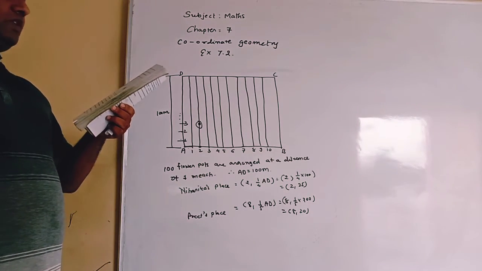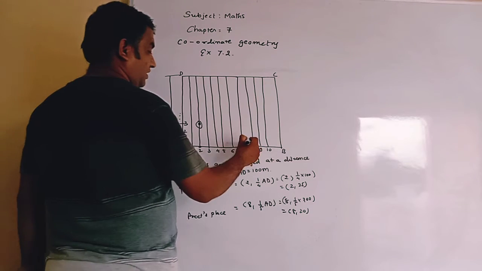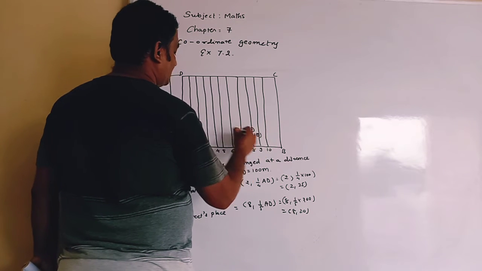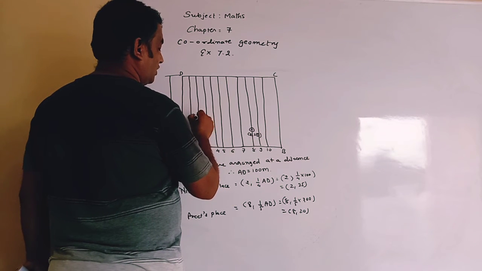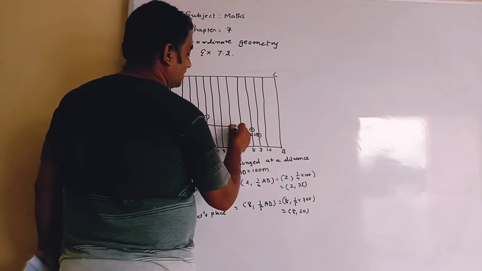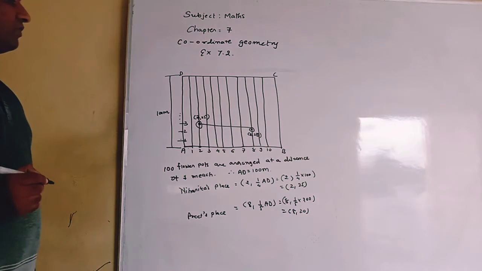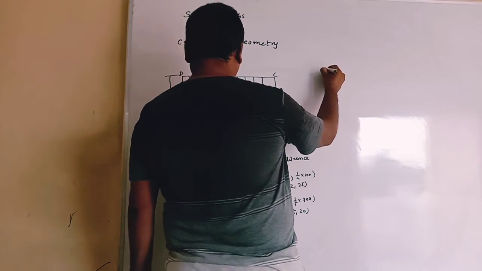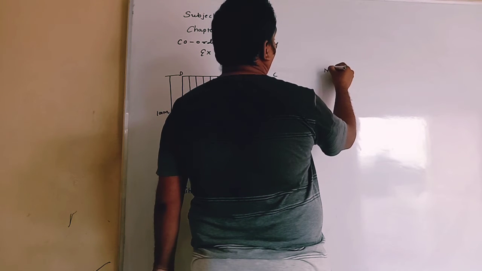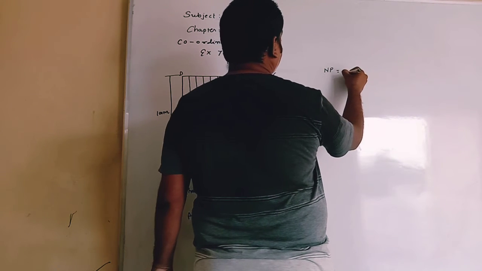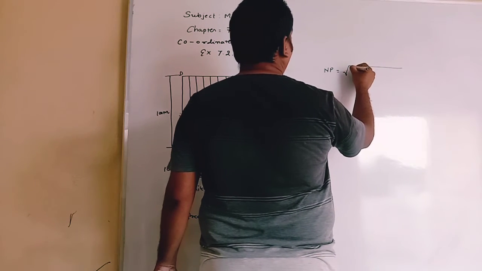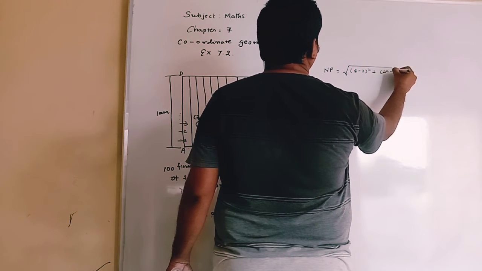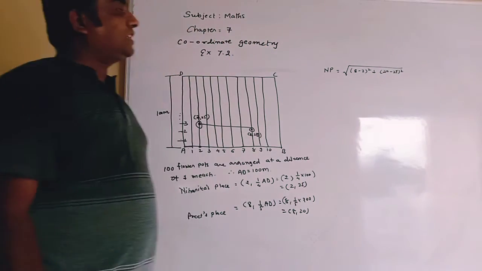So what is the distance between both the flags? Here Niharika's flag is at (2, 25). So we have to find the distance between these 2 points using the distance formula. Niharika's place we write N and Preet's place we write P. Then NP distance equals square root of (8 minus 2) square plus (20 minus 25) square by the distance formula.